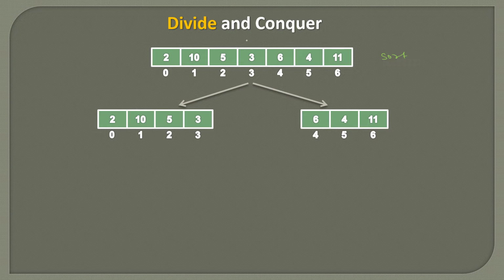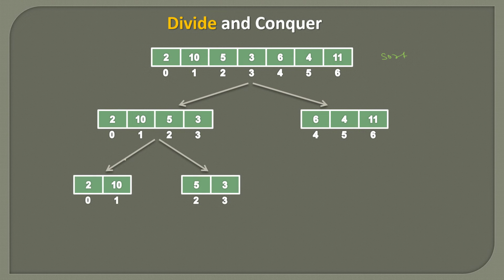Now this was our original problem to solve. We break it down into two smaller sub problems, and after that we do it recursively again on these smaller sub parts. So after breaking it down into two parts, we take this part and further break it down into two parts.